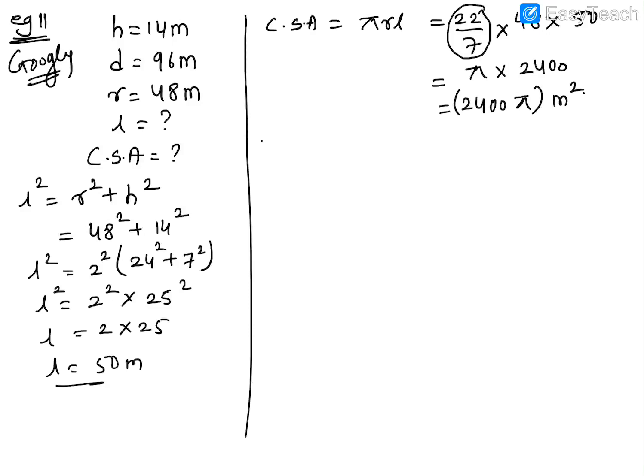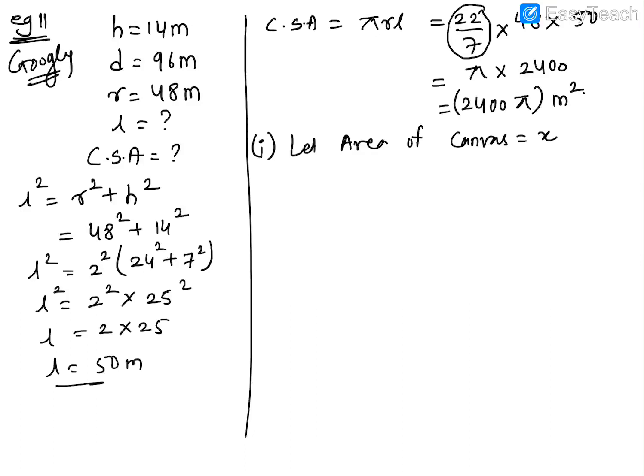Now see, what is condition number 1? In the first condition they say 20% of the canvas is used in folds and stitching. So guys, look, let the area of canvas be equal to x. Understand, there's a difference between the area of canvas and the curved surface area of the cone.